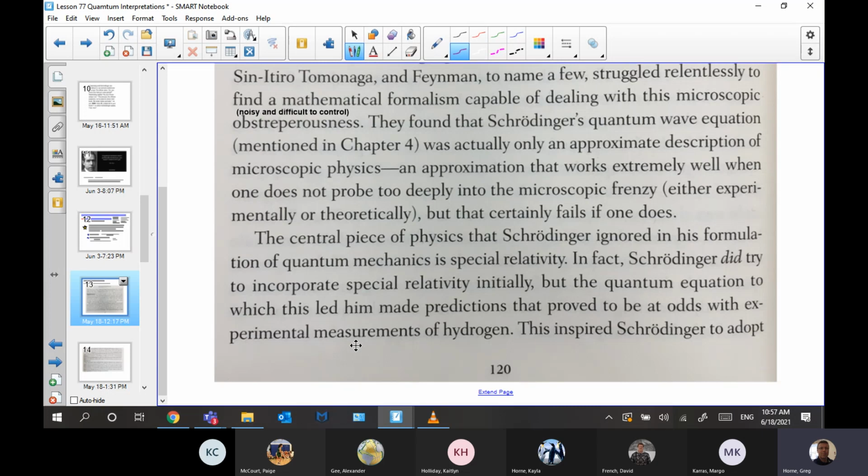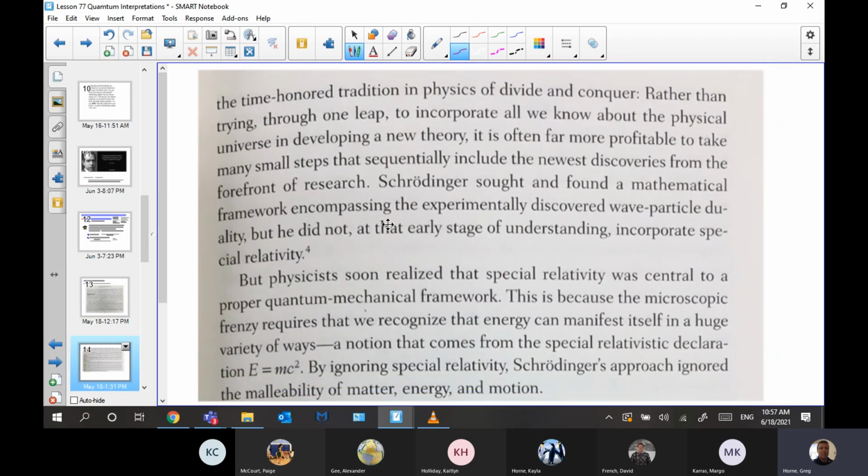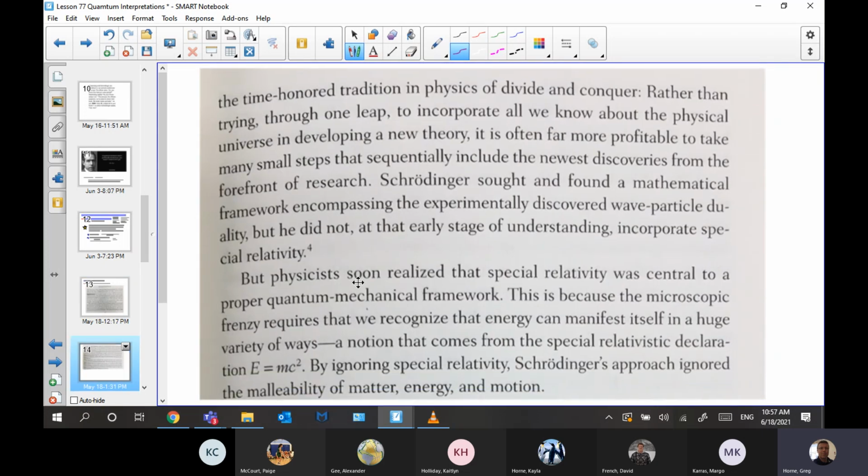He tried to incorporate special relativity initially, but the quantum equation which this led to made predictions that weren't experimentally confirmed. So it inspired Schrödinger to adopt the time-honored tradition of divide and conquer, rather than trying through one leap to answer all the world's questions.